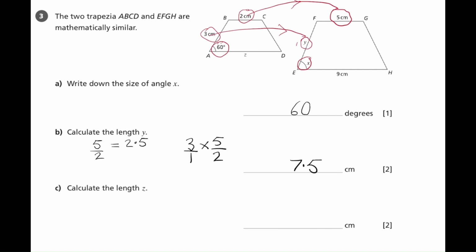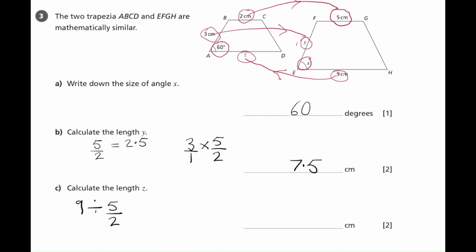In part C, we need to find z, which is in the smaller shape. This corresponds to the 9, but this time we're looking at coming the other way because z is smaller. So rather than multiply by 5/2, we would be dividing. So we take the 9 and we divide it by the 5/2.